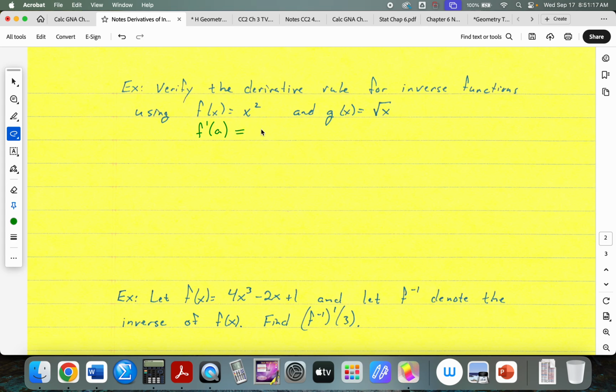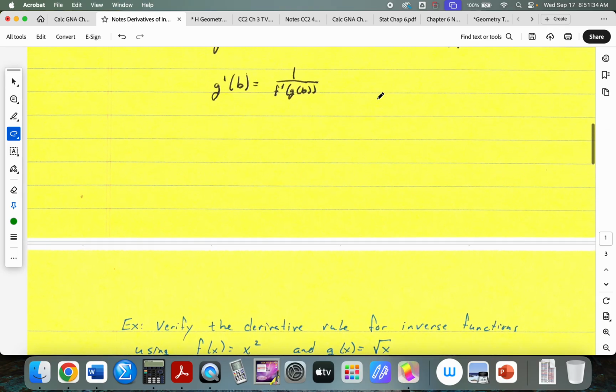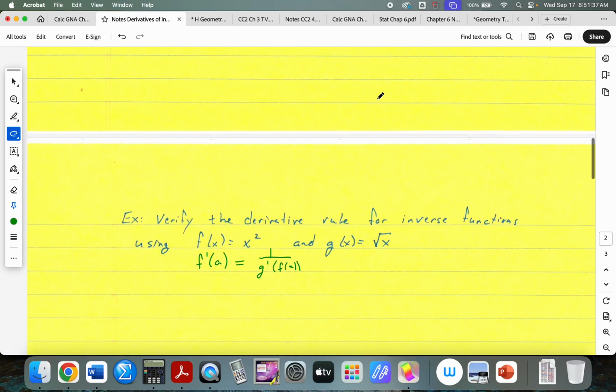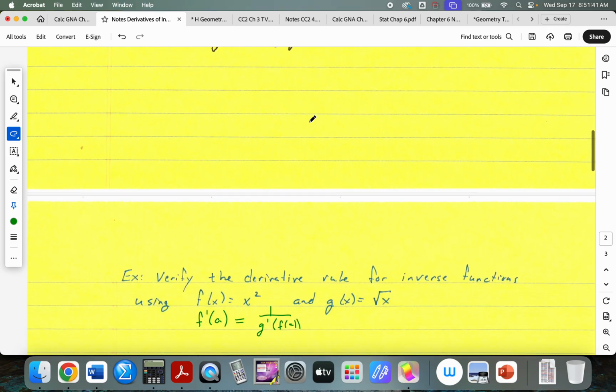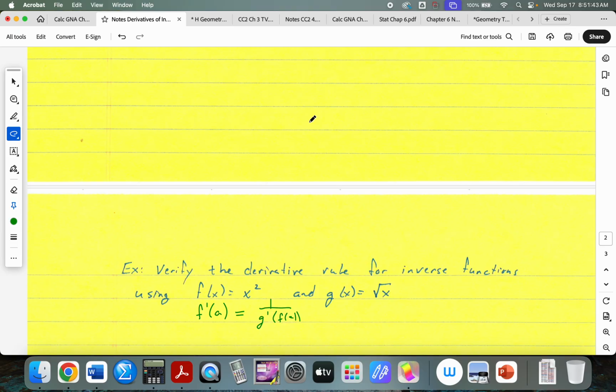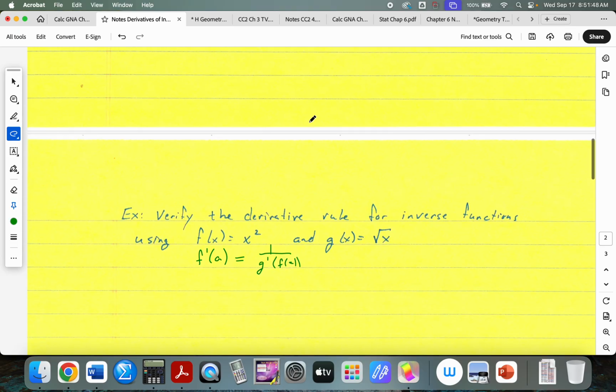This would be equal to 1 over g prime of f at a. Again, notice, if you go back to the other page, that is exactly what we have here, except I've switched the f and the g. But we can switch the f and the g because they're inverses of each other. It doesn't matter which direction we go.